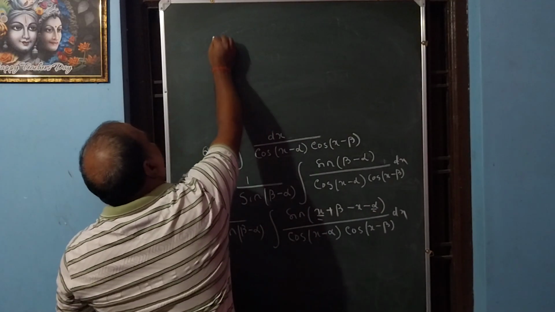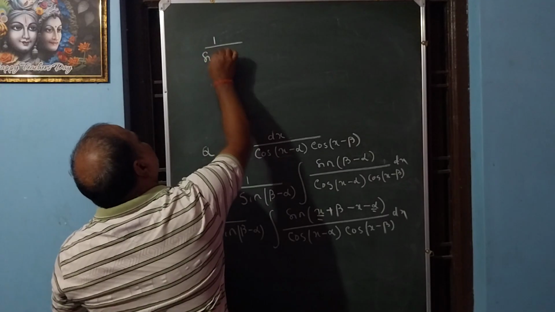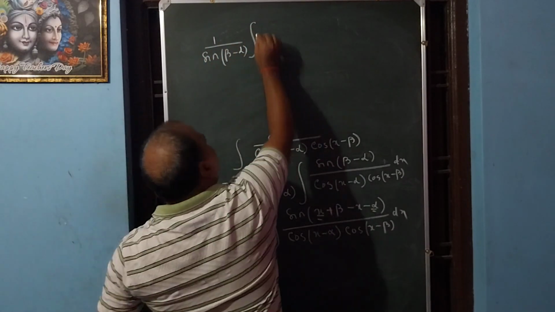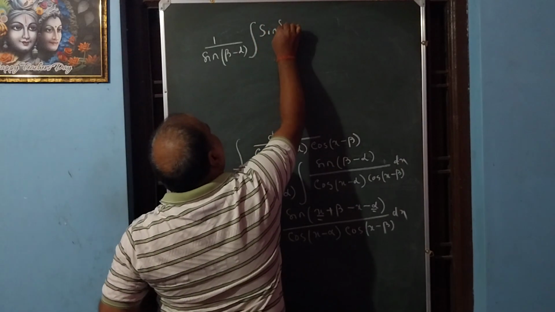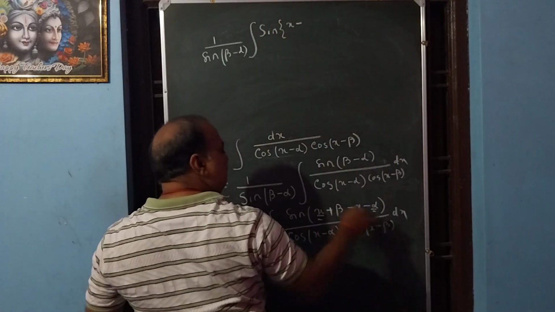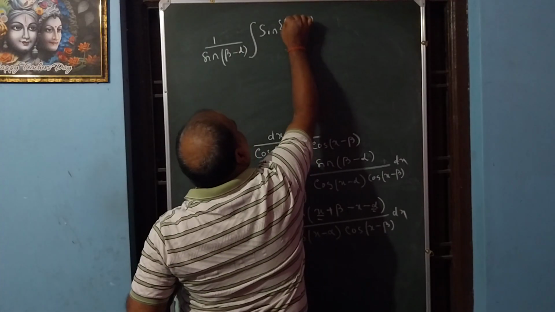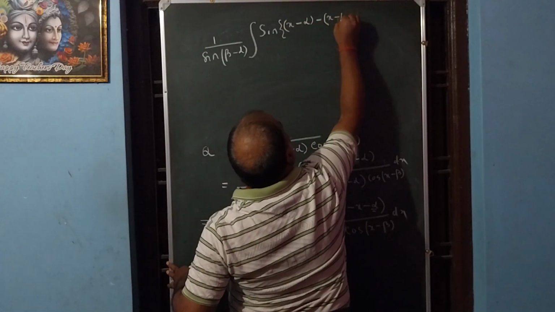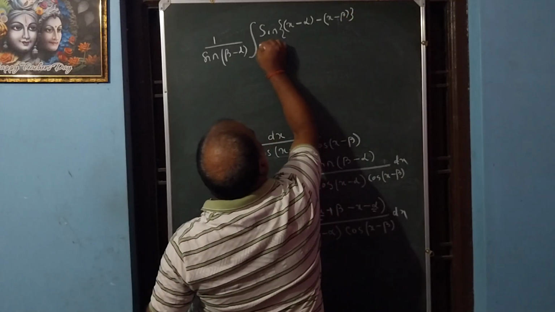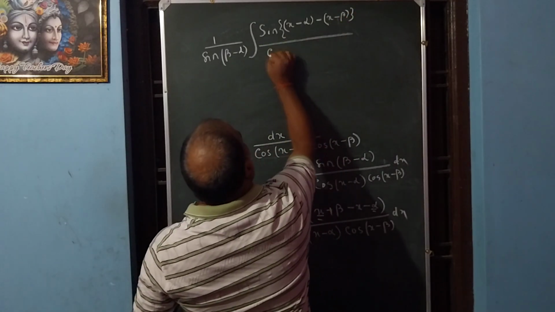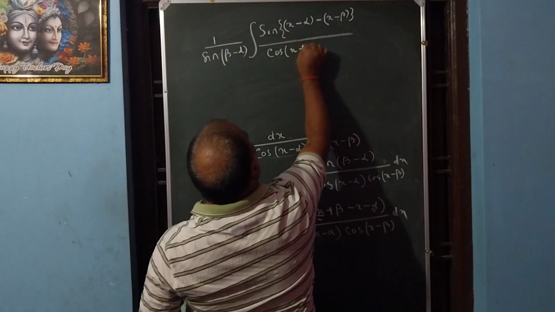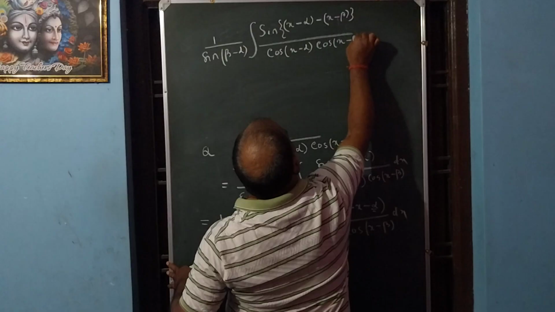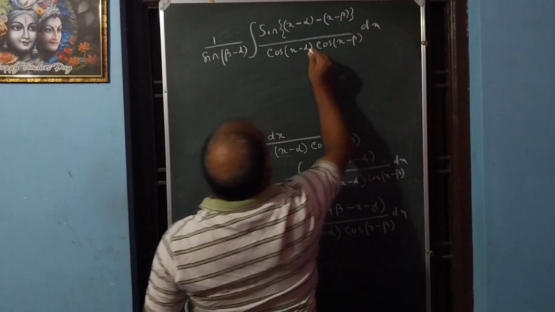Then write down 1 by sine beta minus alpha, integration of sine x minus alpha, and minus you have to take x minus beta, divided by cos x minus alpha into cos x minus beta, whole into dx.